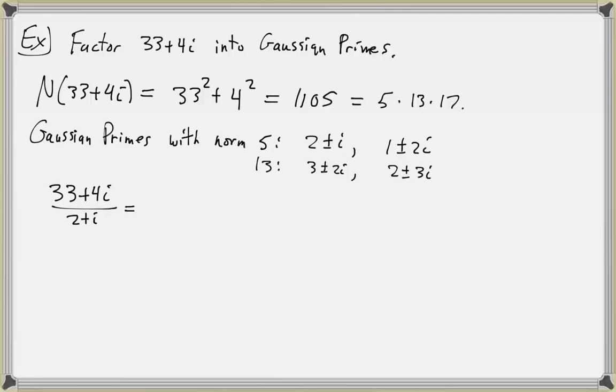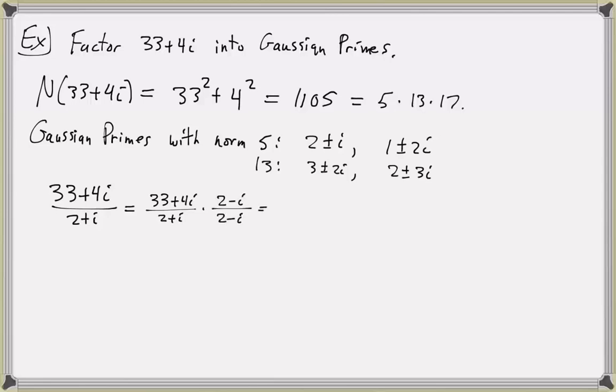So to divide by a complex number, we actually multiply the numerator and denominator by the complex conjugate and reduce. So 33 plus 4i over 2 plus i, multiply the numerator and denominator by 2 minus i.